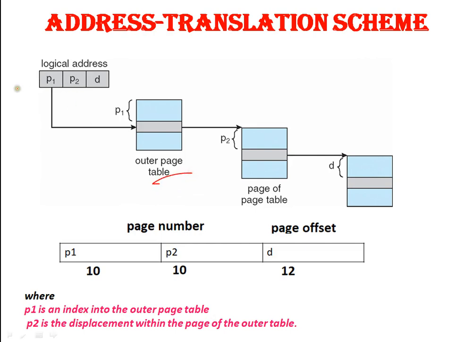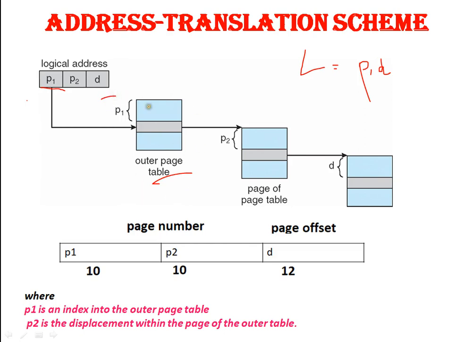Whenever the logical address is generated from the CPU, we have P1, P2 and displacement.